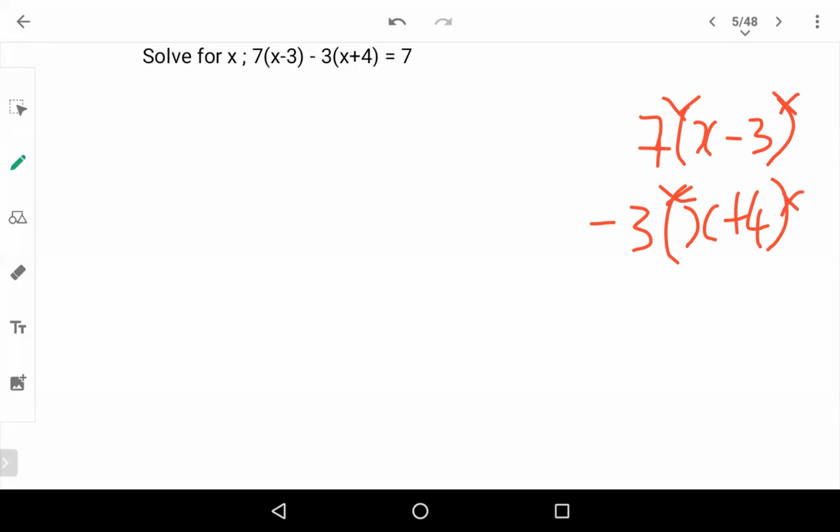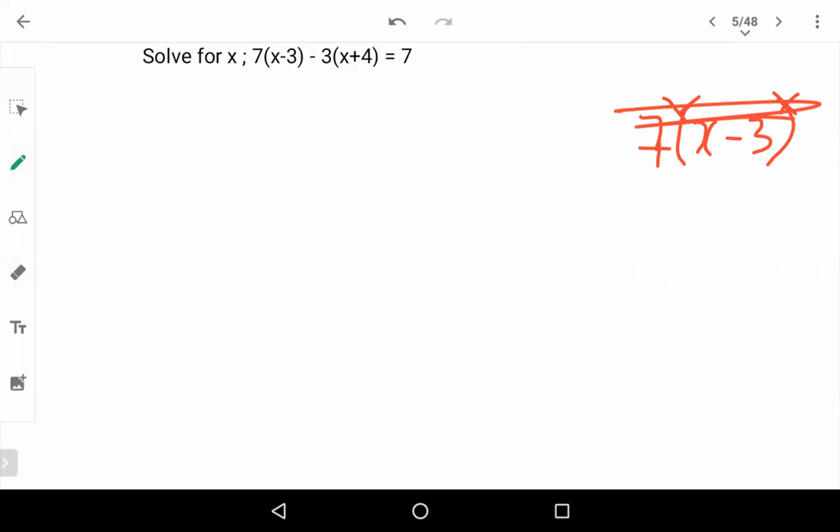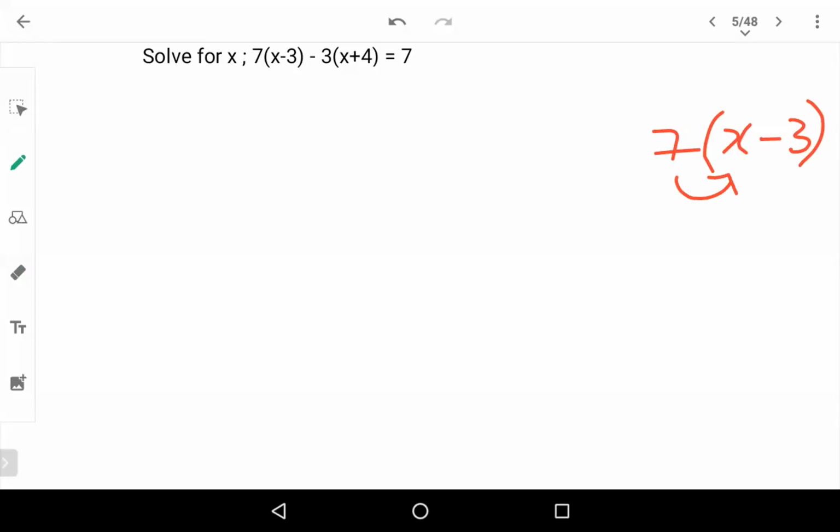So we will be considering 7 into (x minus 3) first. Now let us multiply. 7 into x is 7x. 7 into minus 3 is minus 21, since 7 3s are 21.